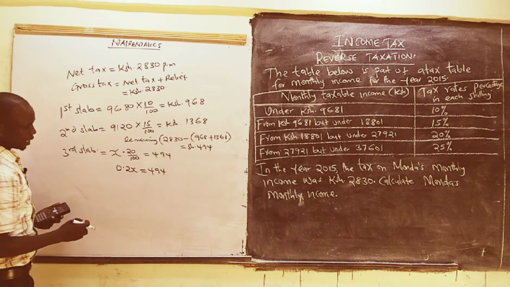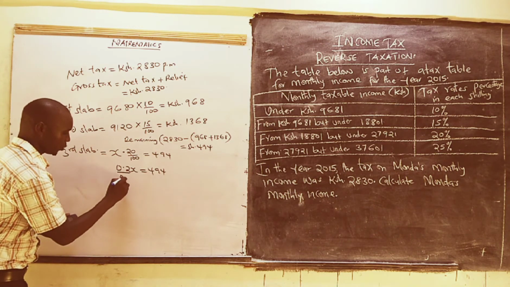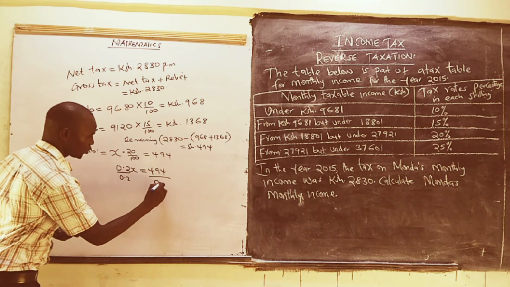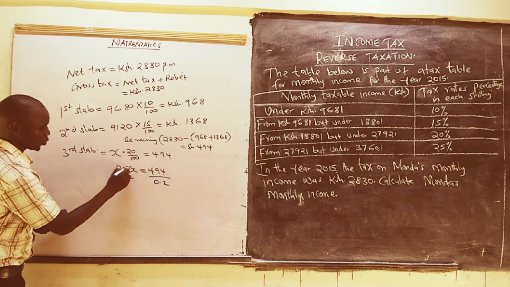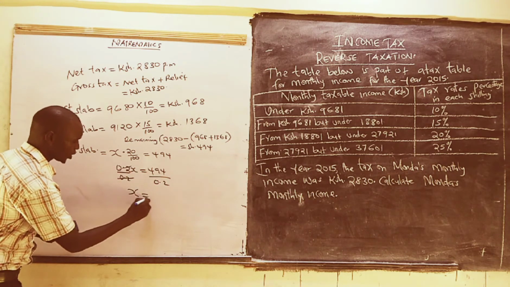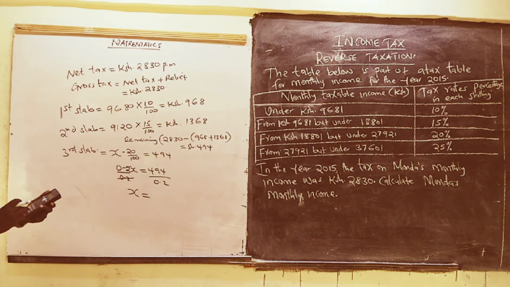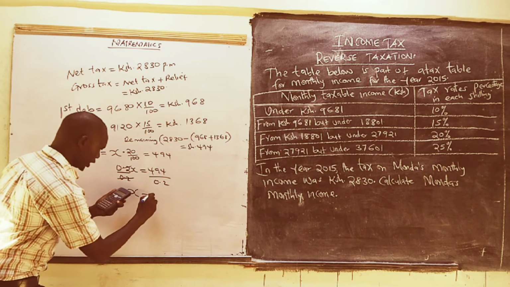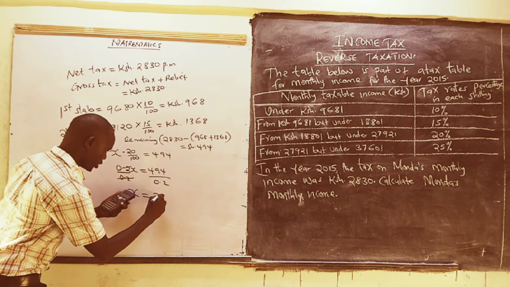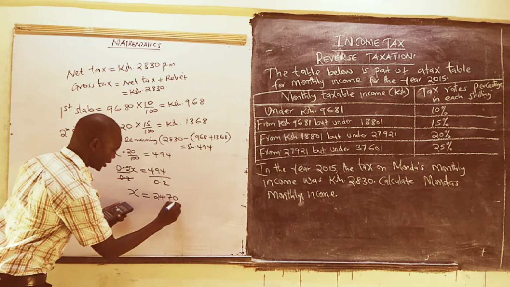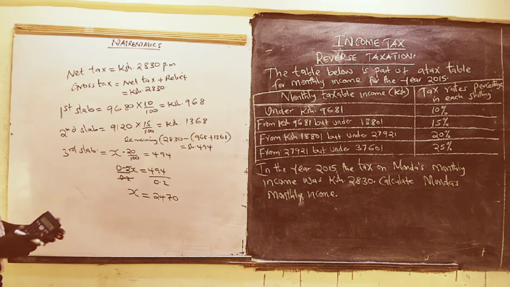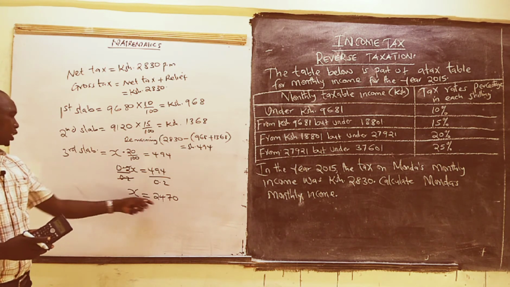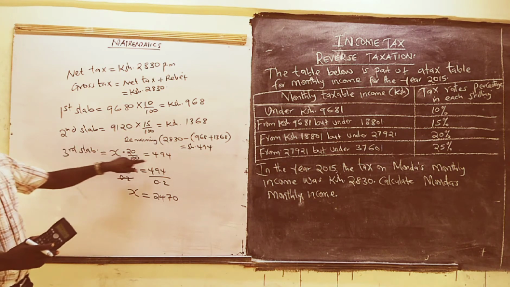For us to get the value of x, we divide by 0.2. So x is going to be equal to 494 divided by 0.2, which gives us Kenya shillings 2,470. It means this is the amount of money that was taxed in the third slab to give us the total tax of 494.